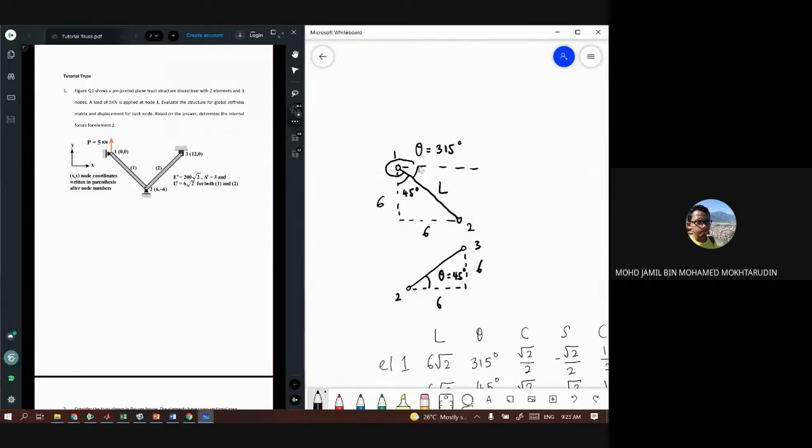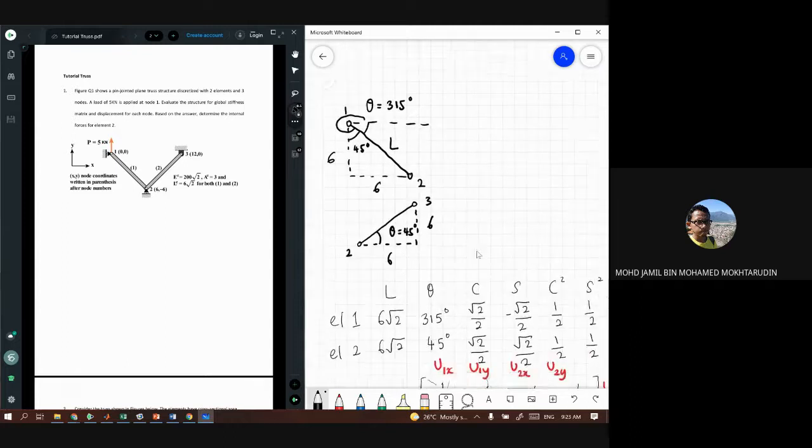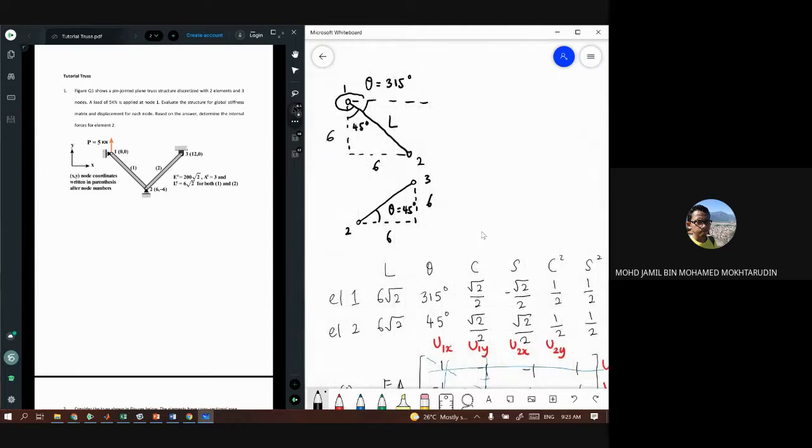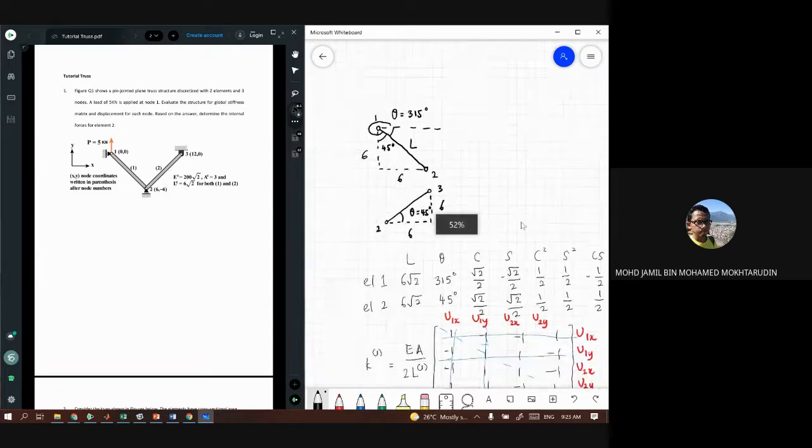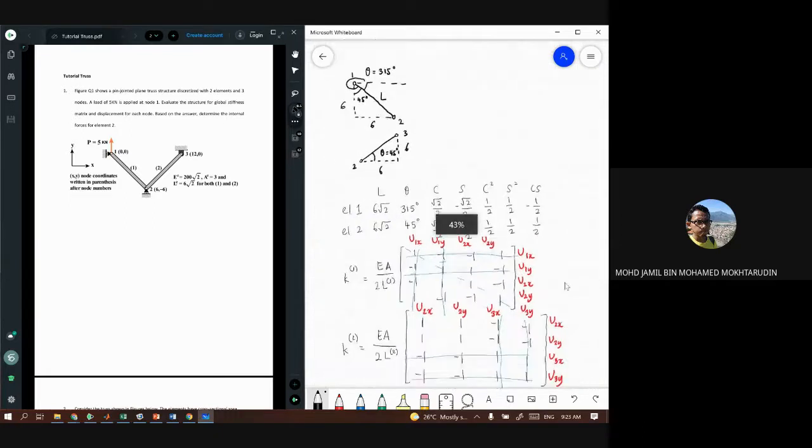And then from positive x. And for the second element, we take theta from node number 2 instead of node number 3. And then take it from positive x. Then only calculate cosine and sine.